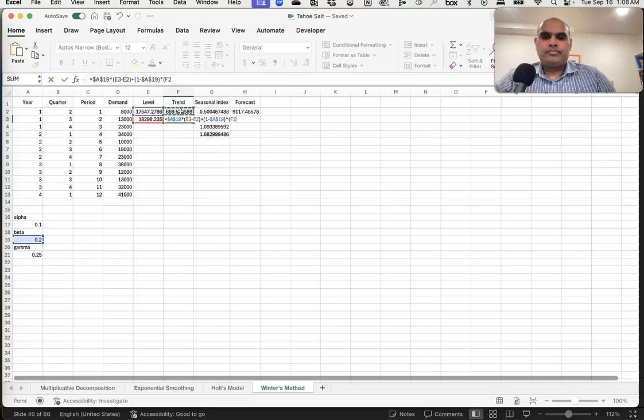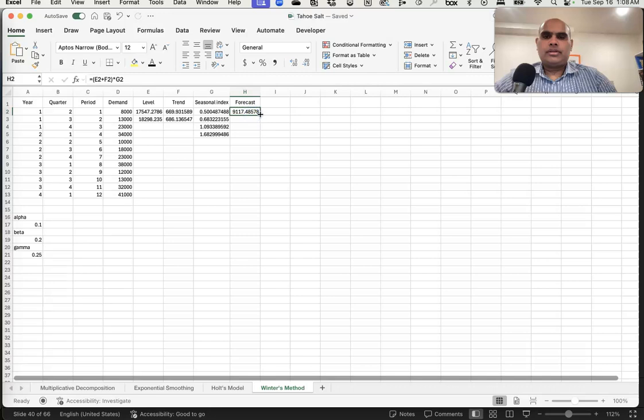There you go. And that's my current trend. Then I can get my forecast. So I got the level and trend for the first set of indices.